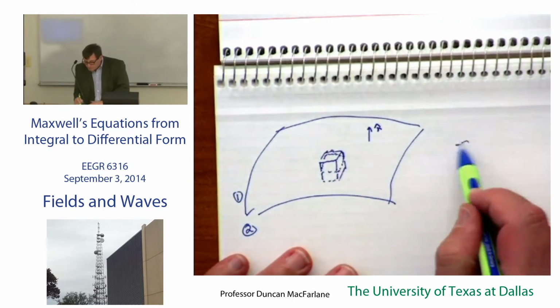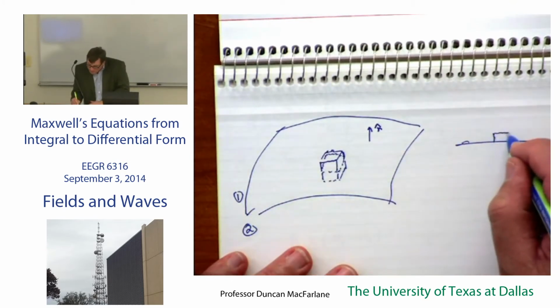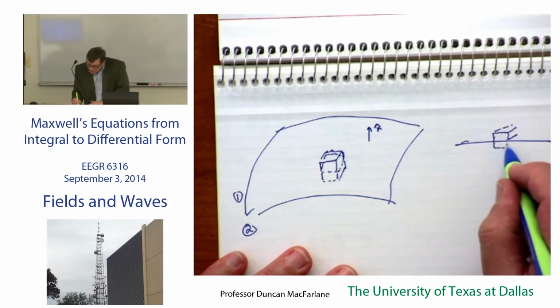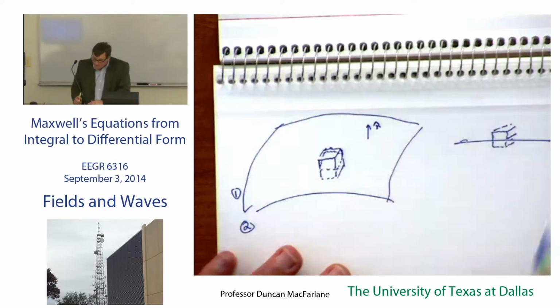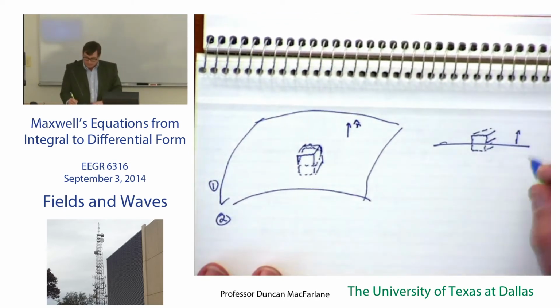So let me draw it in this way, in cross section. Like that. Okay? So my normal component is this way, material 2, material 1.